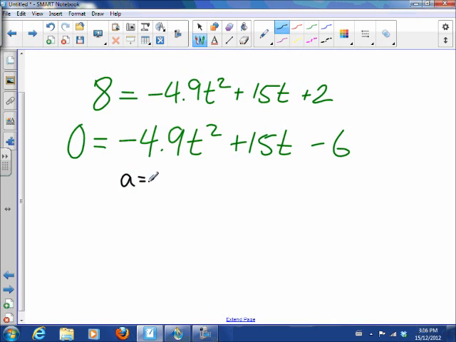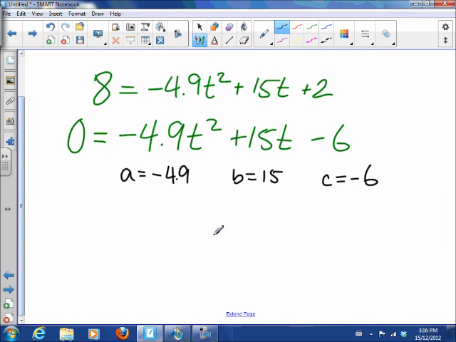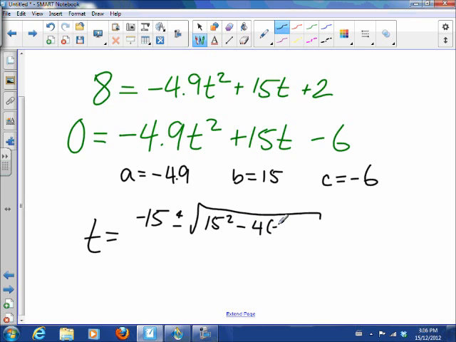And now I can use the quadratic formula with a being negative 4.9, b being 15, and c being negative 6. So here, I'm going to say that t is equal to negative b plus or minus the square root of b squared minus 4ac, over 2a.